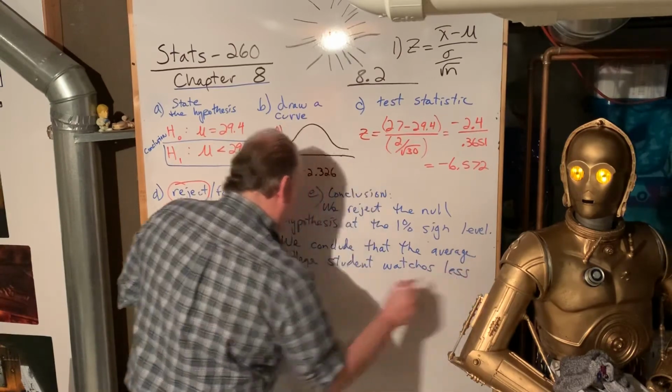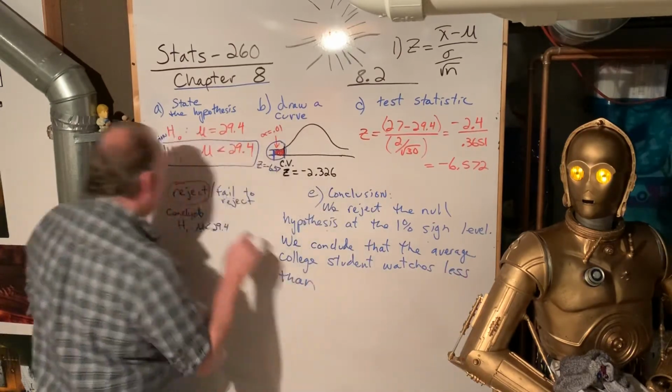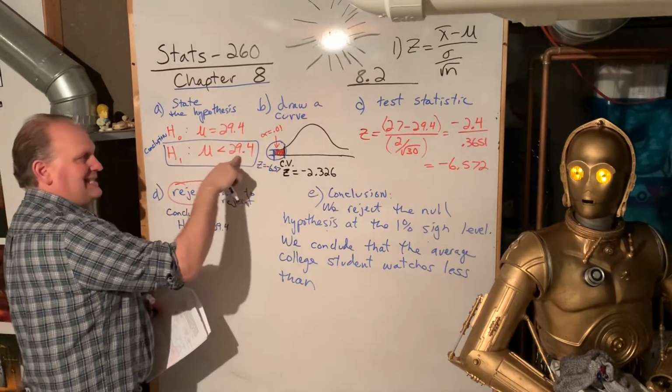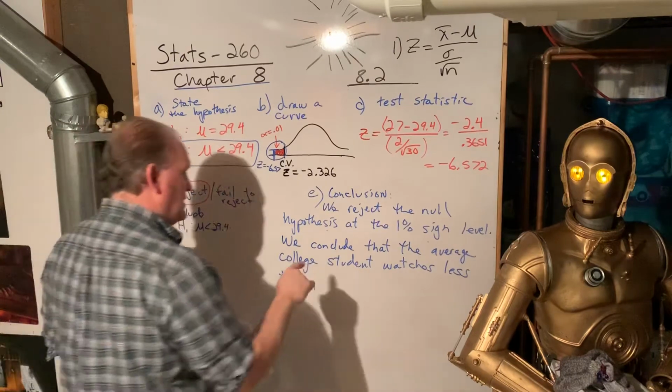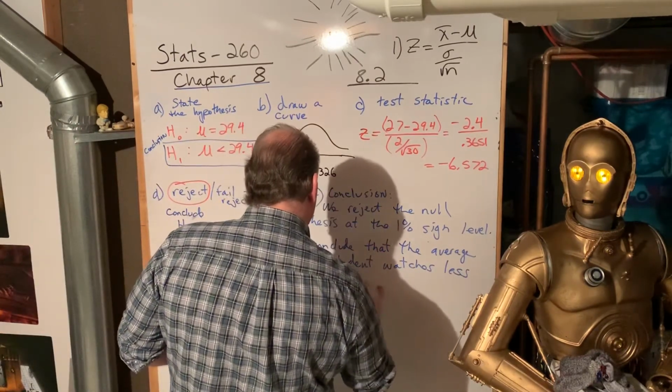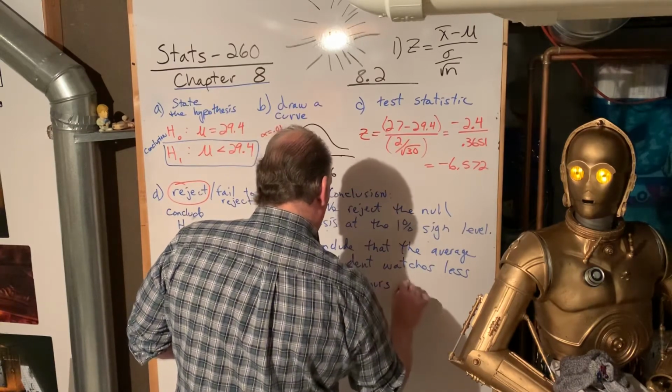Less than. So we're basically restating this hypothesis. Mu is less than 29.4. So the college student watches less than 29.4 hours of TV per week.